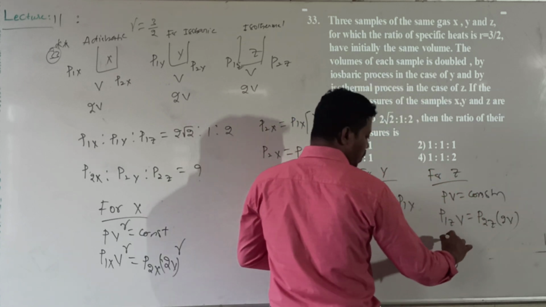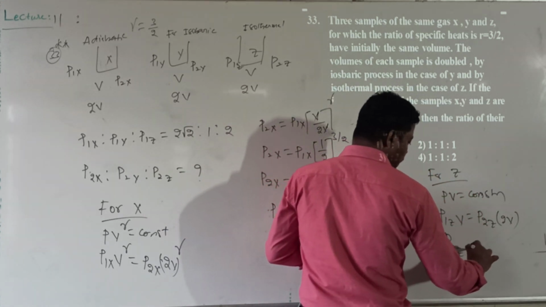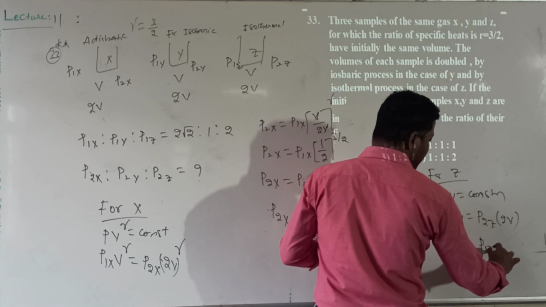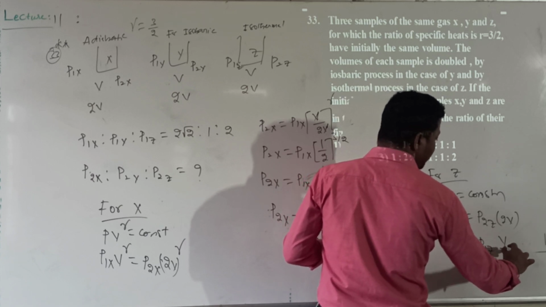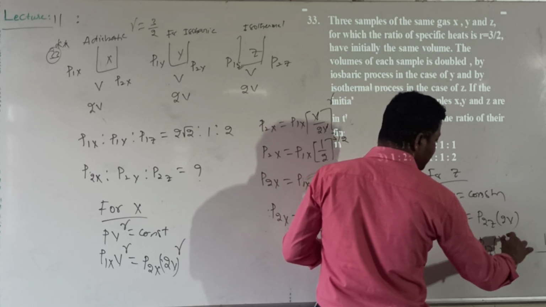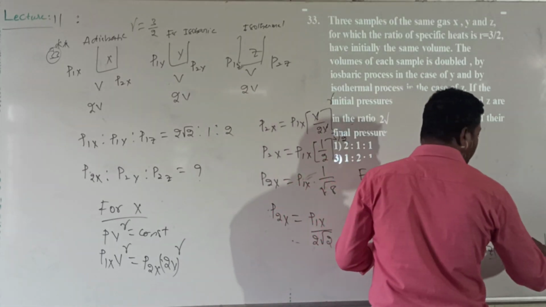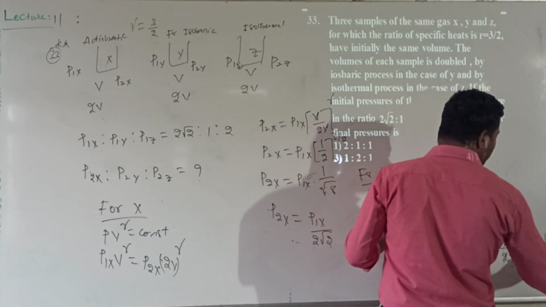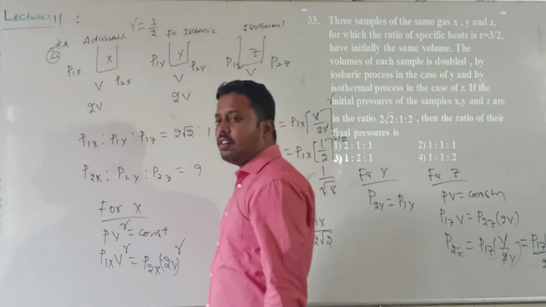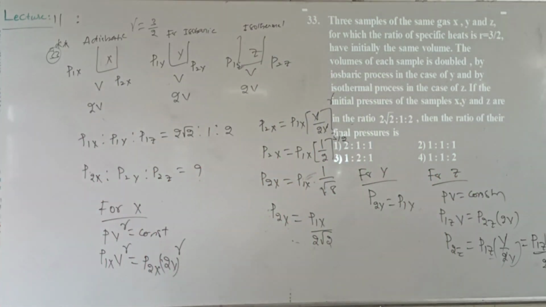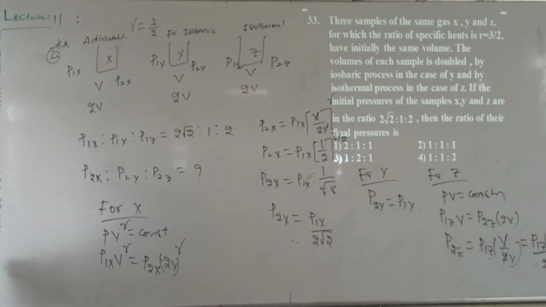From this, P2z value is P1z into V divided by 2V. The V cancels, so I get P1z by 2. Now I got all the pressures: P2x, P2y, and P2z.